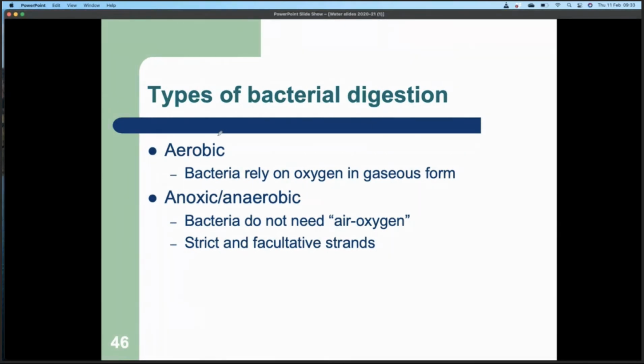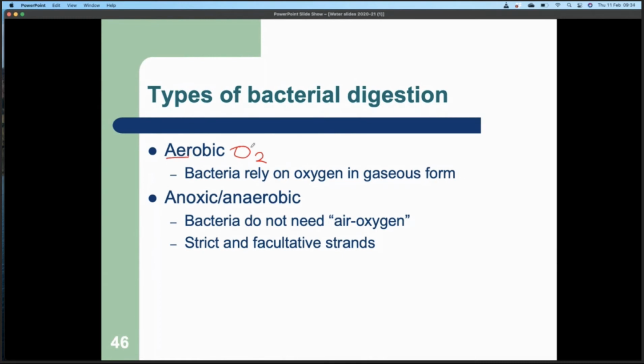But what you have here is the aerobic treatment, and that comes out of the Greek word for air. Aerobic treatment is reliant on oxygen in its gaseous form. So that's the oxygen that we have in the air, O2, and that's why it's aerobic. So it refers to air.